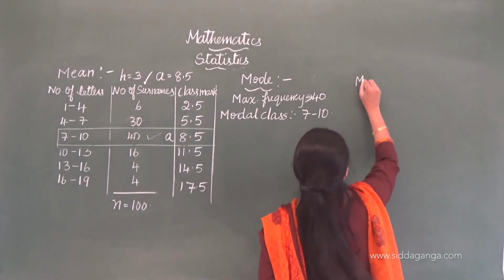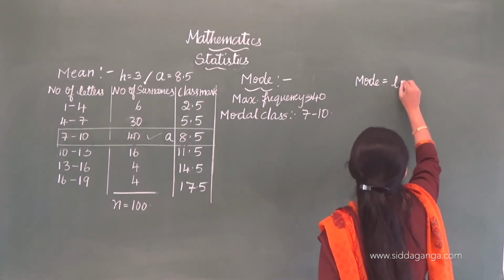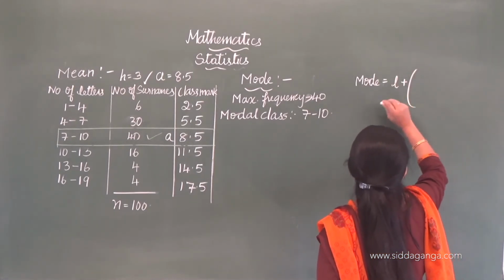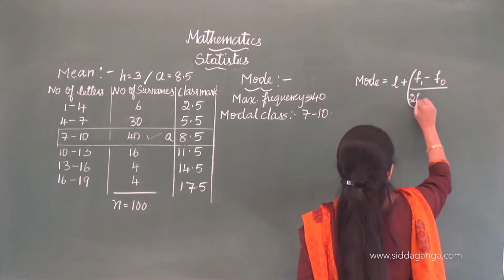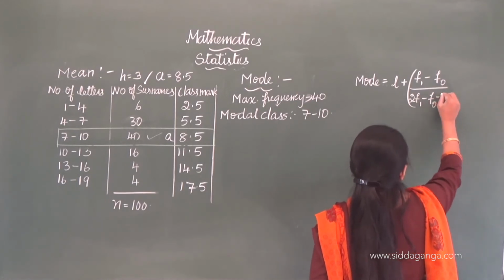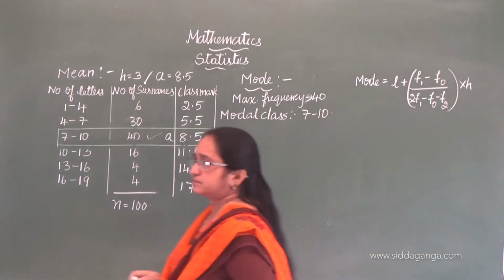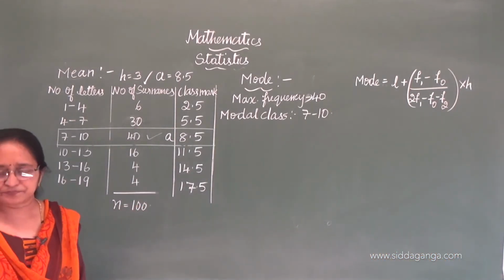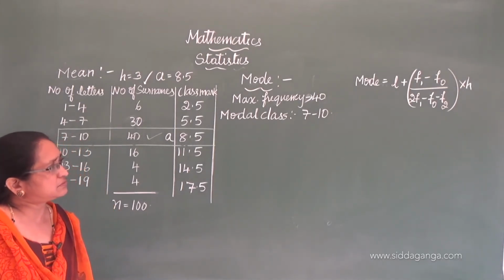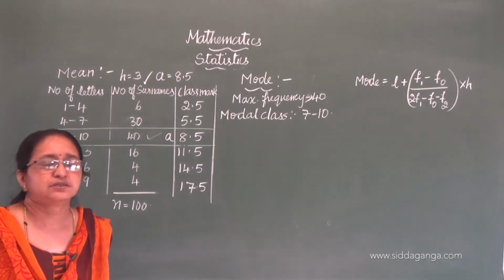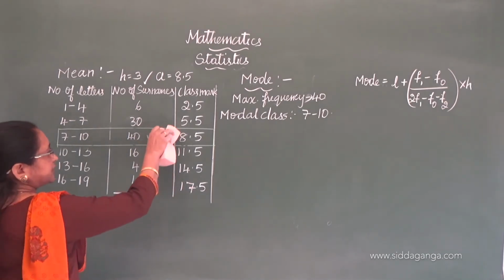So first I will write mode is equal to L plus F1 minus F0 divided by 2F1 minus F0 minus F2, into H. Correct? Check the formula. Now you can find out which is F1 and F2 and all. Now this A I will rub.